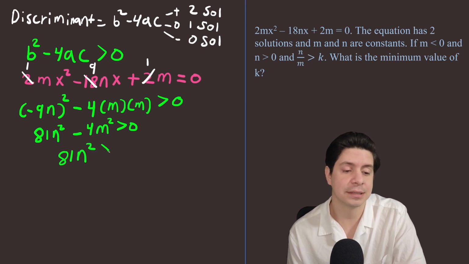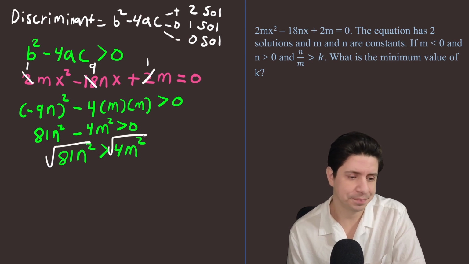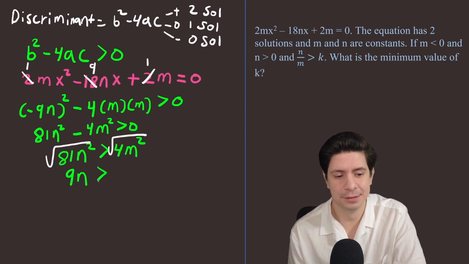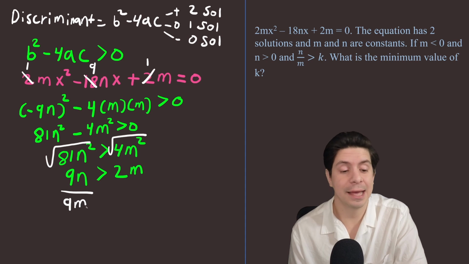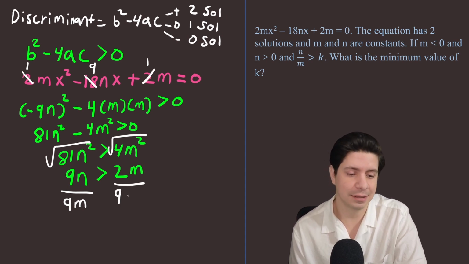81n squared is going to be greater than 4m squared. And now I'm going to square root both sides and get 9n is greater than 2m. Okay? From there, I'm going to divide by 9m. Dividing by m will get me the n over m, and dividing by 9 will get it isolated.